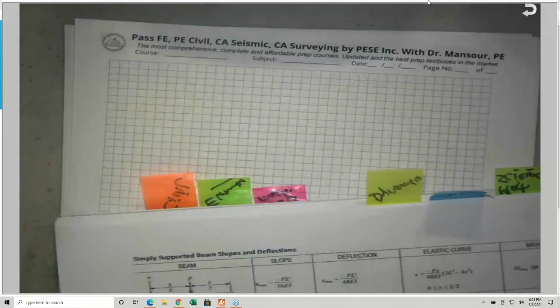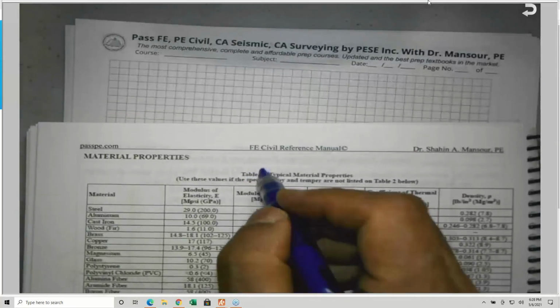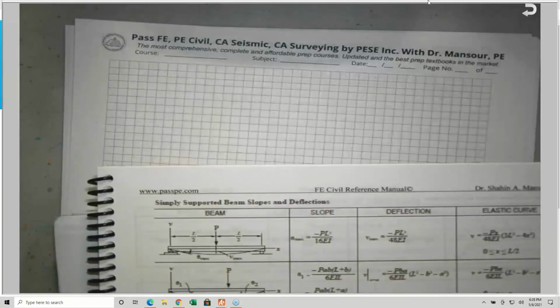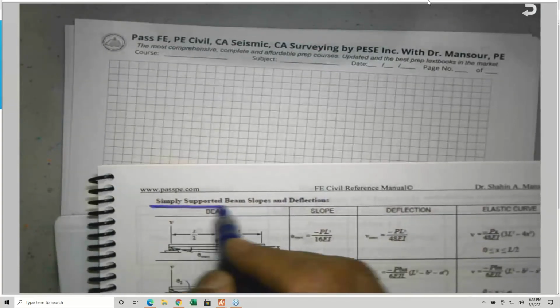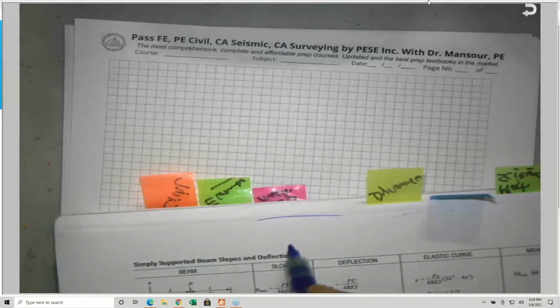So I'm providing also the same two tables that we talked about before, table 1 and table 2, which is material properties. And here are the tables for simply supported beam, slopes, and deflection, which is this one here, from the NCEES, this landscape.